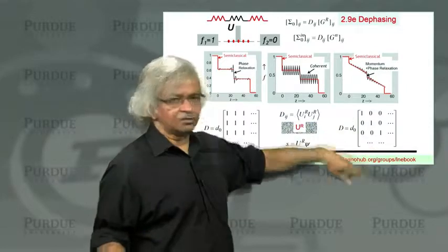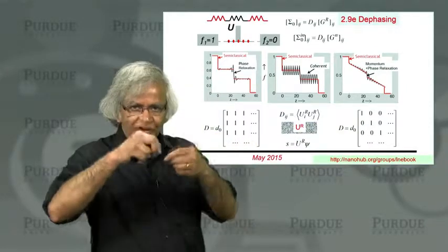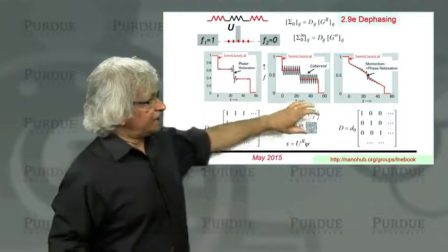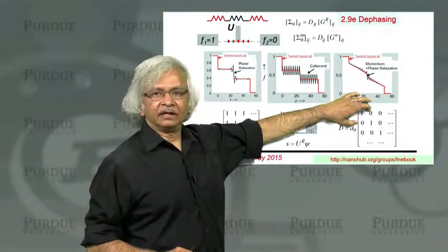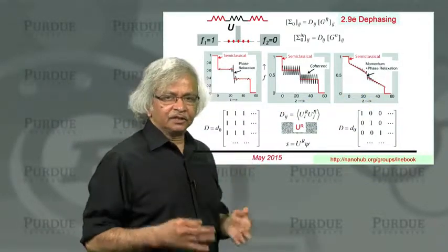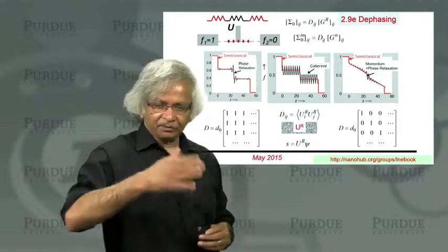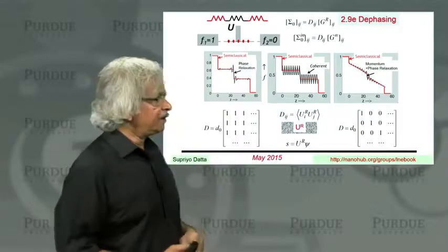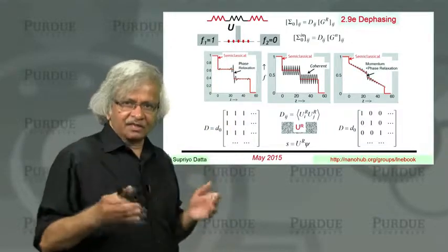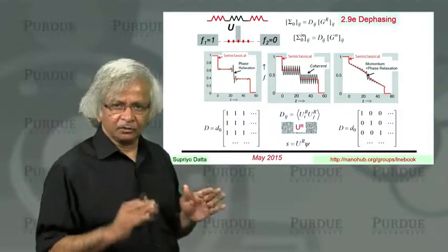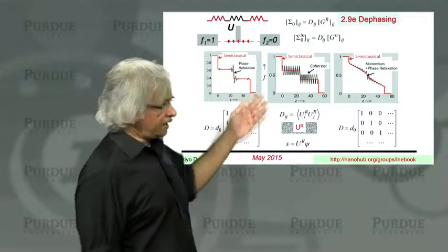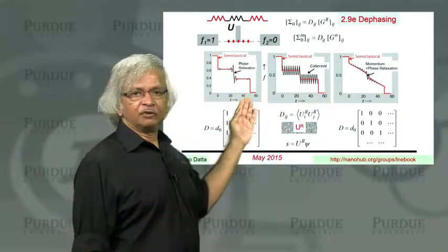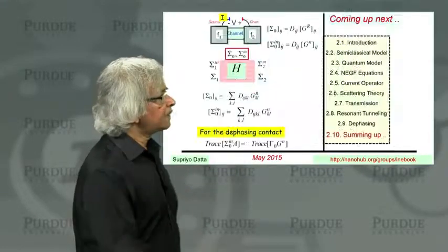Of course, the diagonal is 1 because it is correlated with the potential right there. But there's no correlation from one point to another. That kind of potential would destroy momentum because the potential is changing rapidly and will cause strong reflections. Whereas here the potential is almost constant, doesn't cause any reflections, no loss of momentum. And the effect is very evident when you look at the potential profile in your channel.